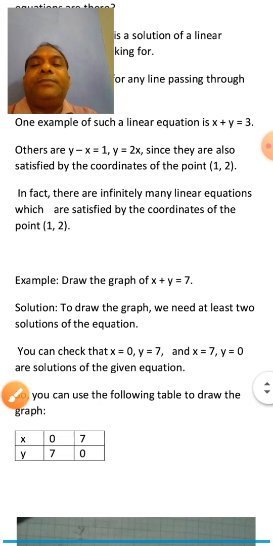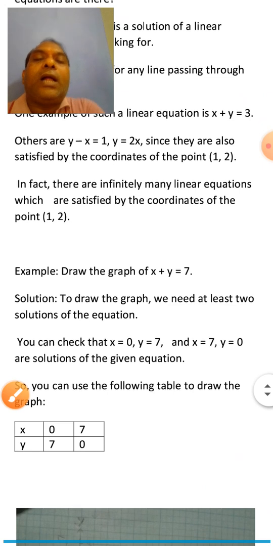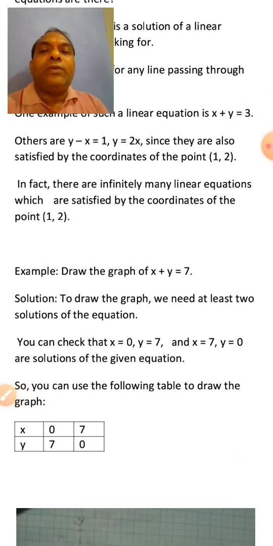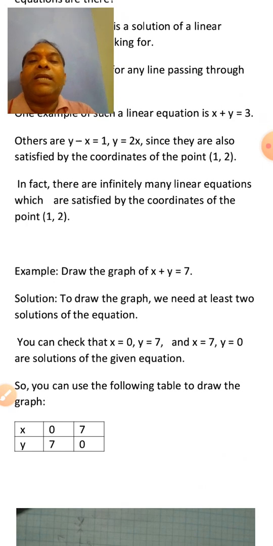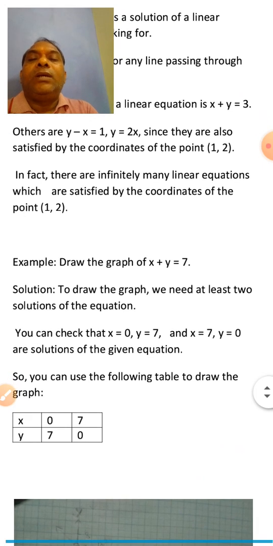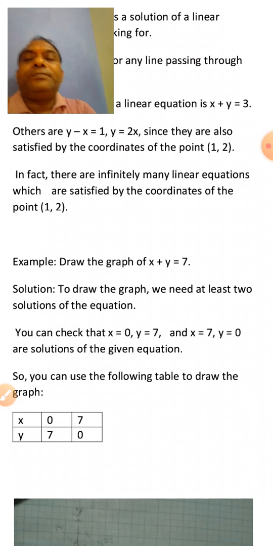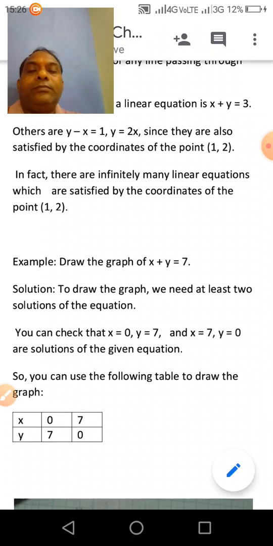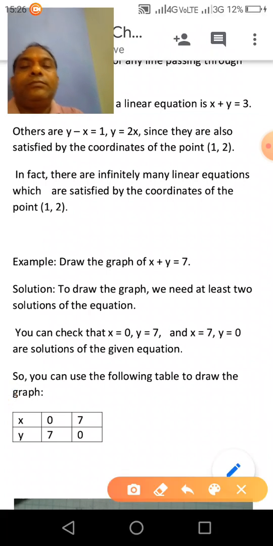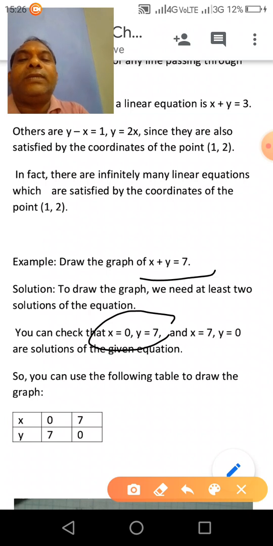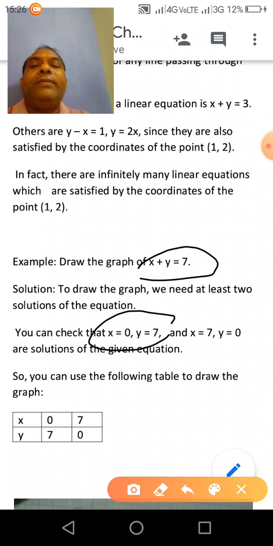Next, draw the graph of x plus y is equal to 7. So to draw the graph of x plus y is equal to 7, firstly put x is equal to 0 in this equation, then y will be 7.